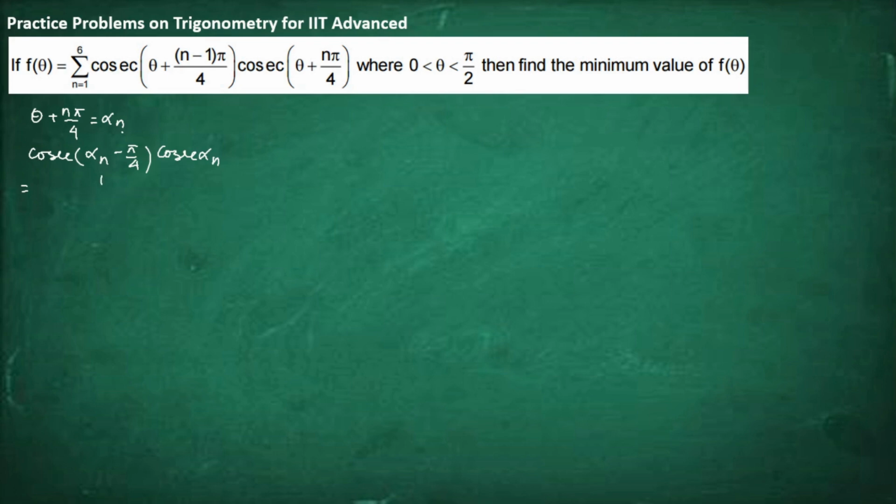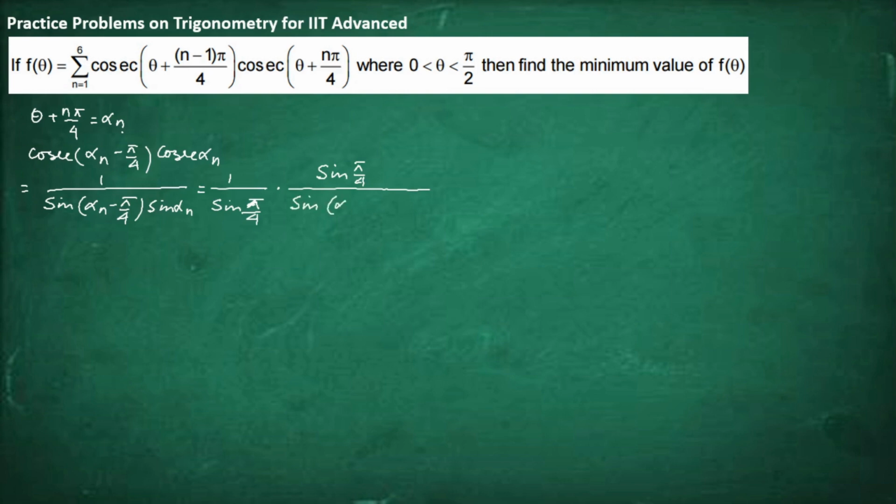So if I convert it in terms of sine, we are getting 1 over sine(alpha n minus pi by 4) into sine(alpha n). So I'm writing this thing in this way, sine pi by 4 divided by sine(alpha n minus pi by 4) into sine alpha n.